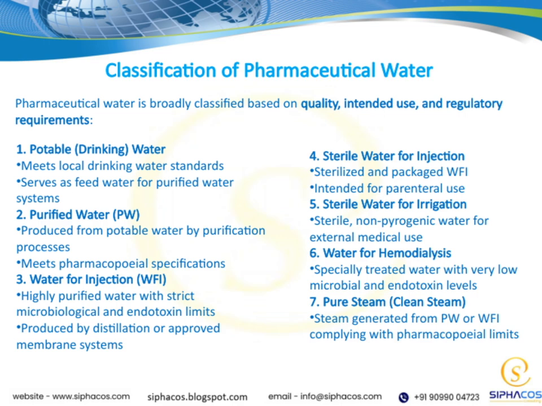Lastly, we have pure steam, or clean steam, which is generated from PW or WFI and must comply with pharmacopoeial limits. It's mainly used for sterilization processes. Understanding these classifications helps us grasp how each type of water is tailored for specific pharmaceutical or medical needs, ensuring safety and efficacy throughout the manufacturing and healthcare processes.